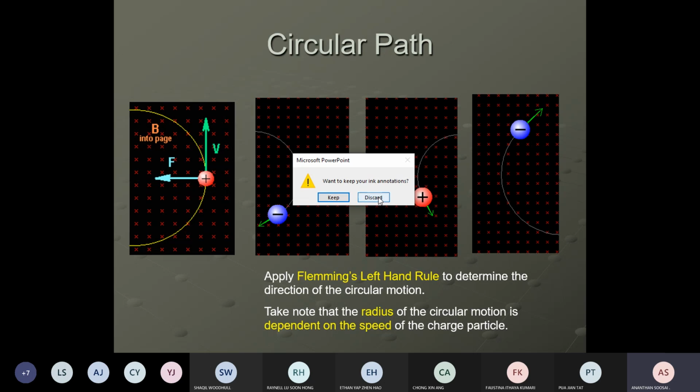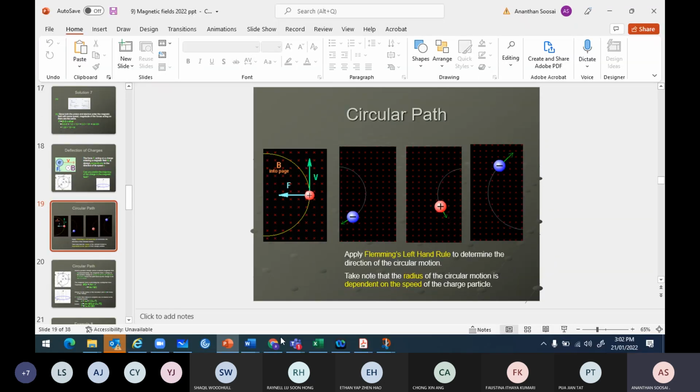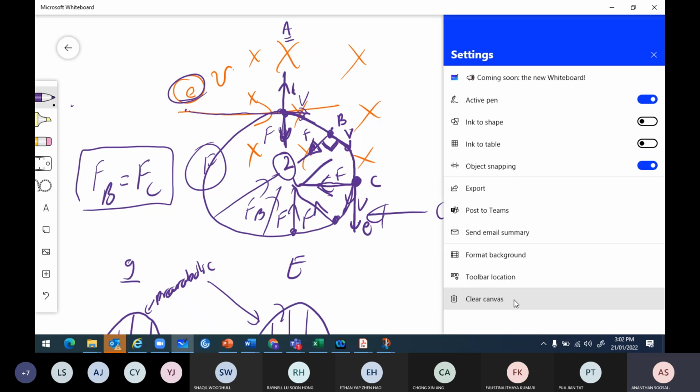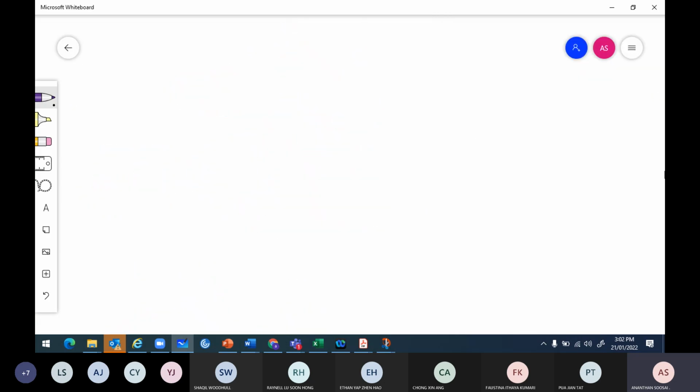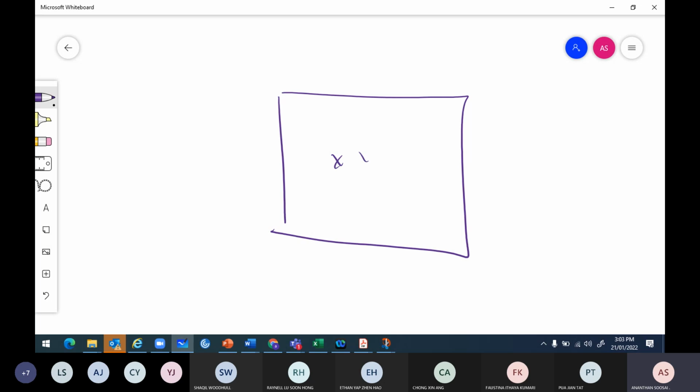That's why, in a cloud chamber in particle physics, they will apply a magnetic field to identify what type of charge the particle in a track has, whether it is positive or negative.